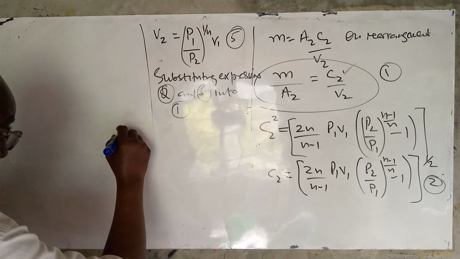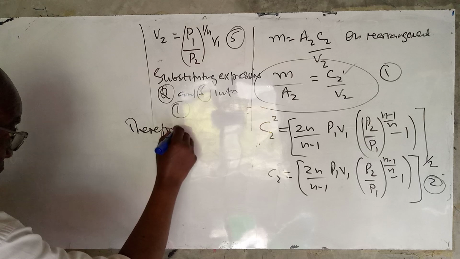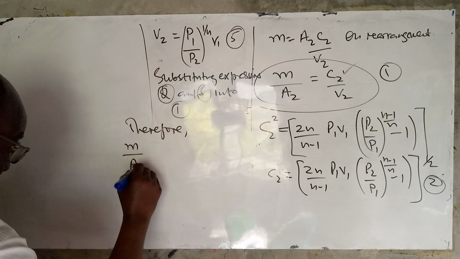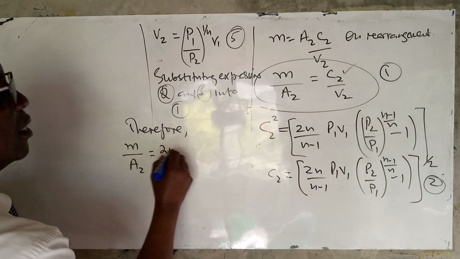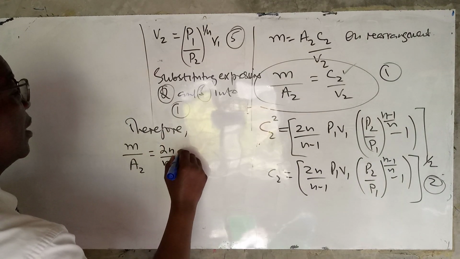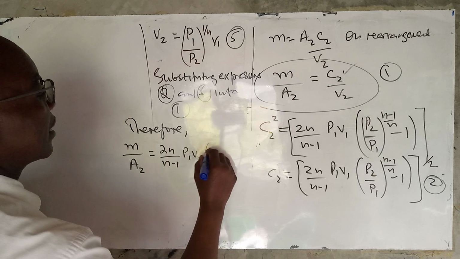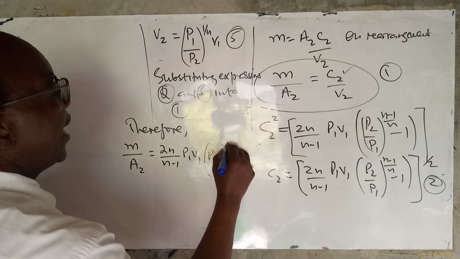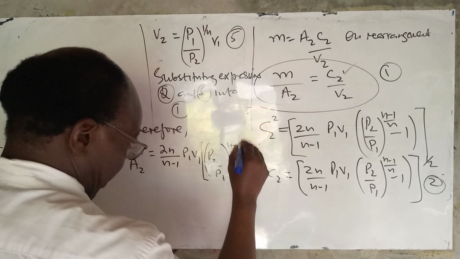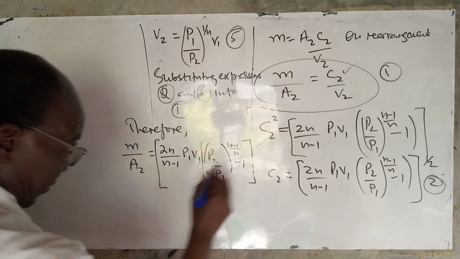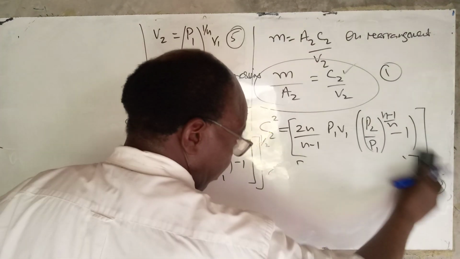That is M. Therefore, M over A2 will therefore be equal to C2, which is 2n over n minus 1 P1 V1 into P2 over P1 to the n minus 1 over n minus 1, and all this is square root. Let's clear some space here.